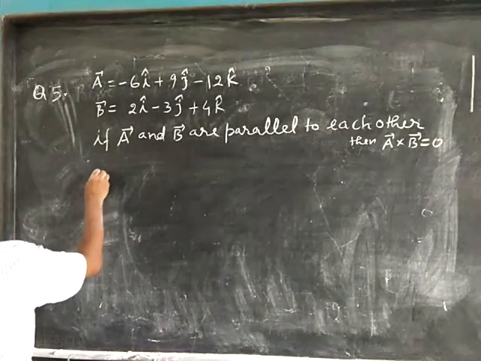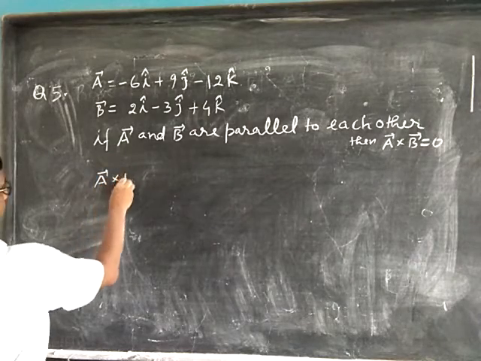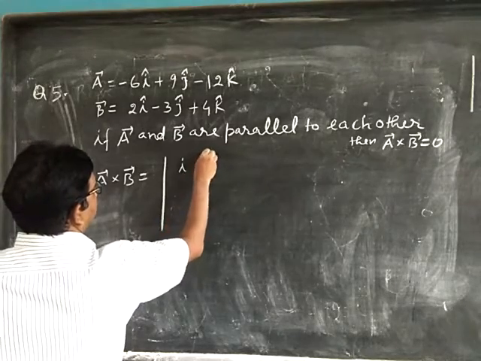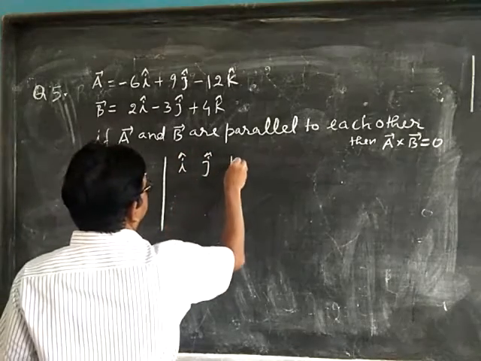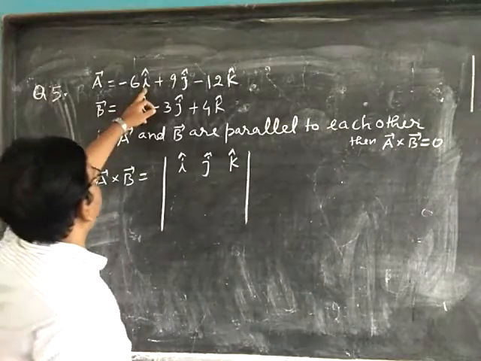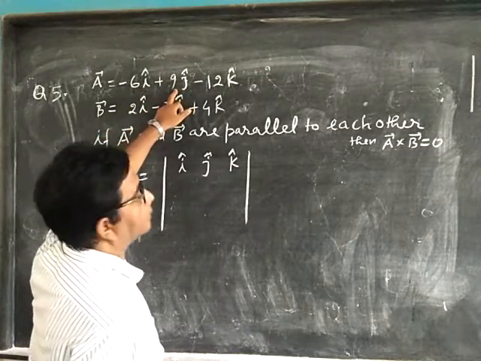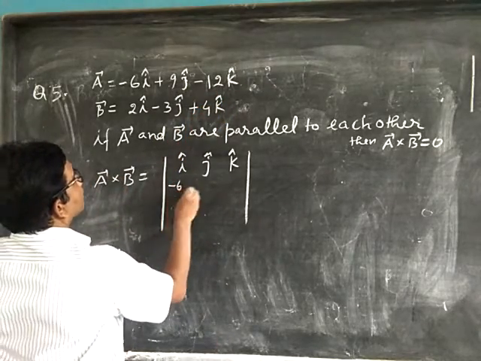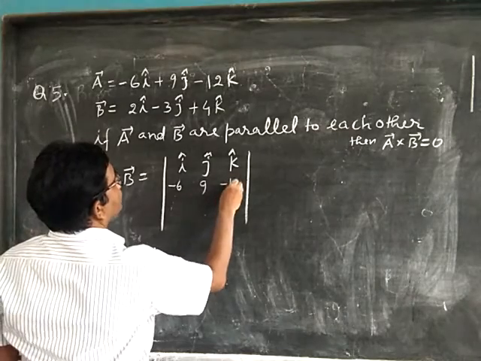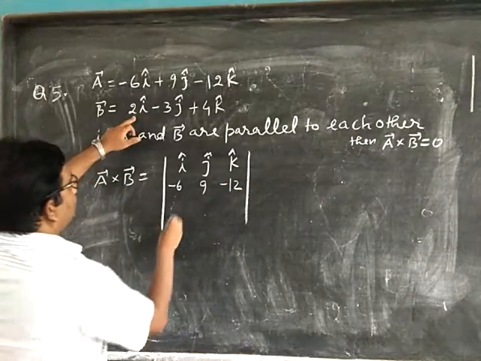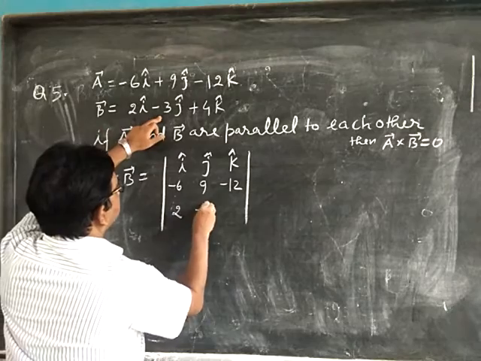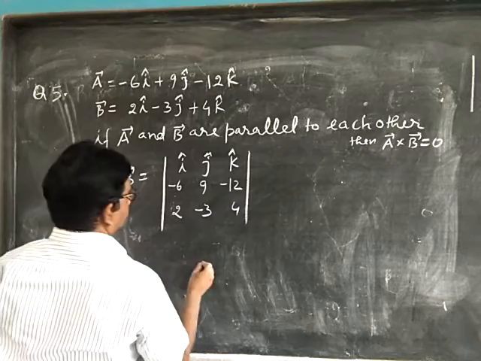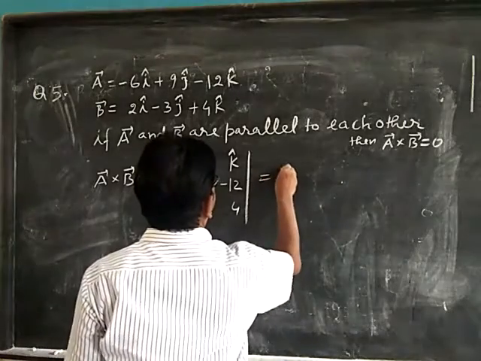We will solve vector A cross vector B, that is i j k. Coefficient of i is minus 6, coefficient of j is 9, coefficient of k is minus 12. Minus 6, 9, minus 12. Coefficient of i is 2, minus 3 and 4. That is equal to i.